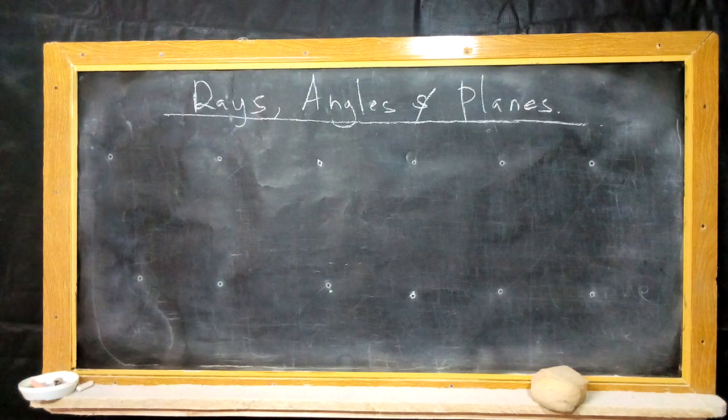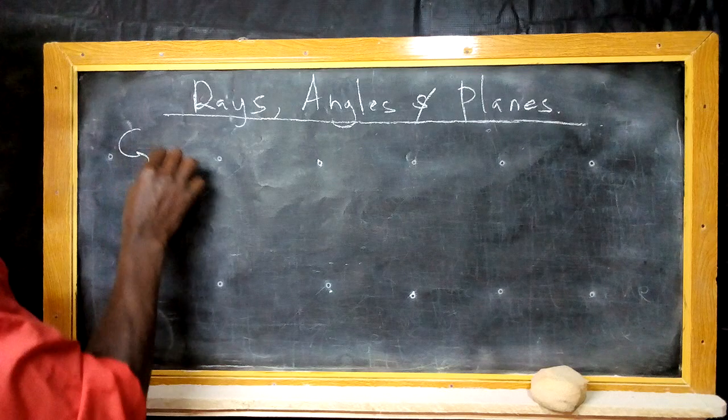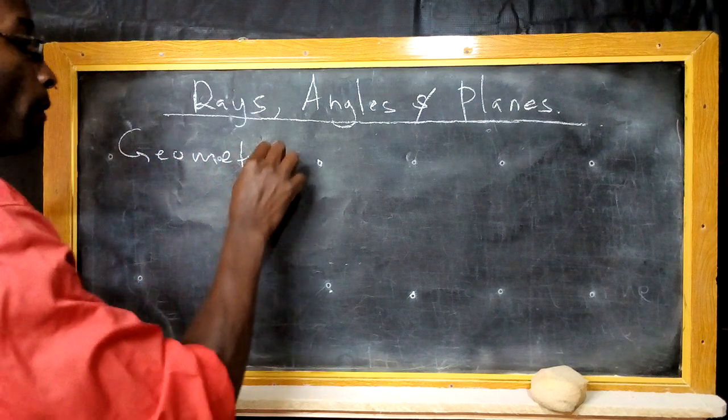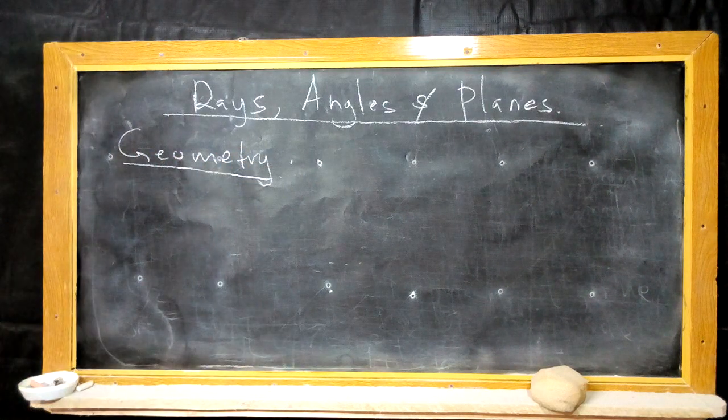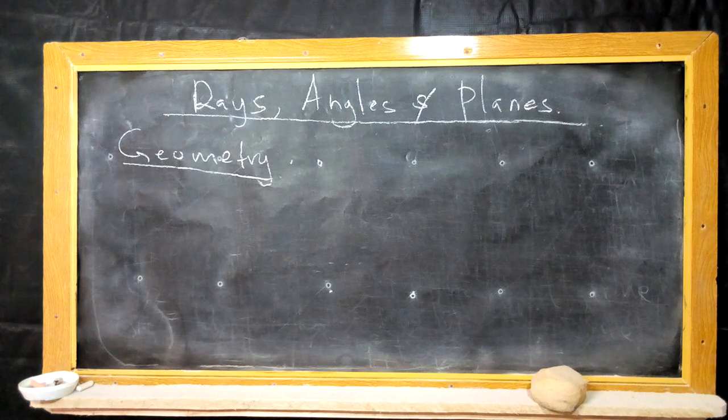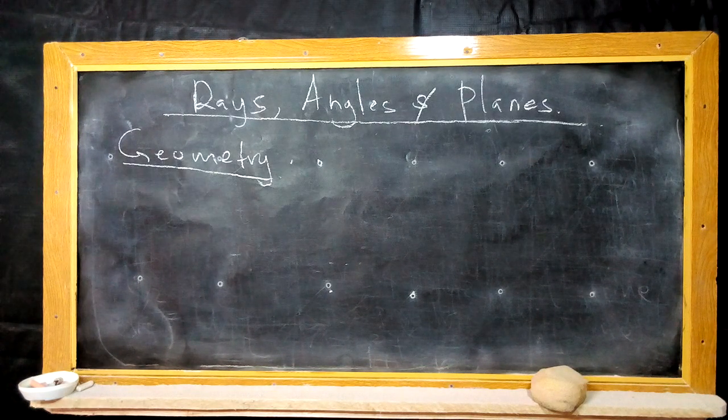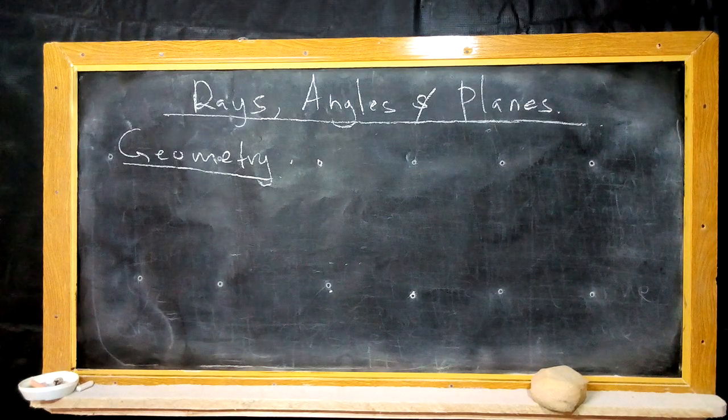We said that geometry is a branch of mathematics that deals with measurements, properties, and relationships of points, lines, angles, surfaces, and solids.